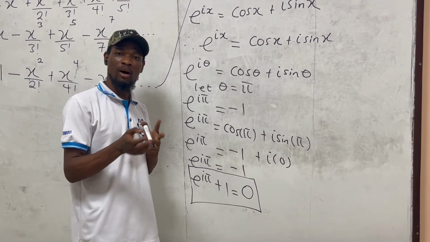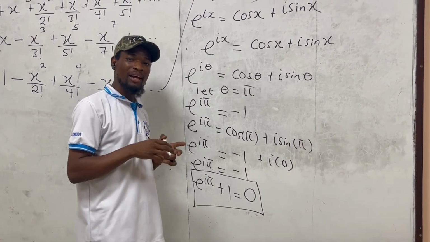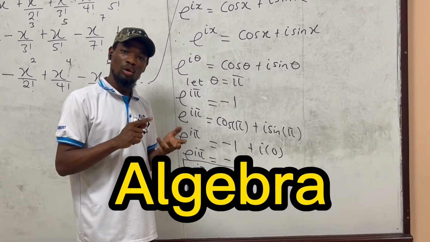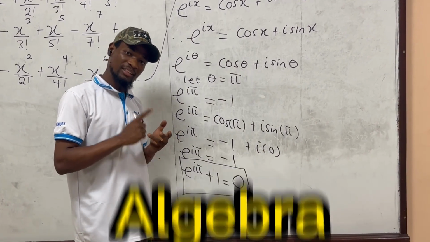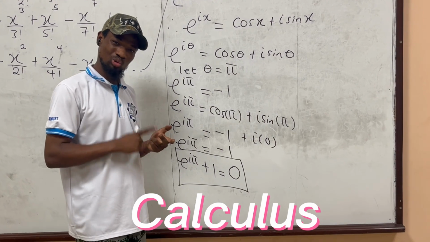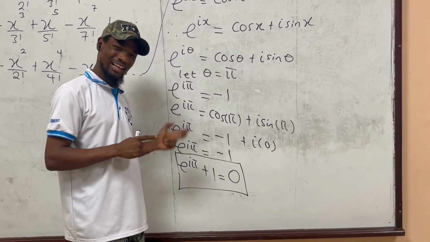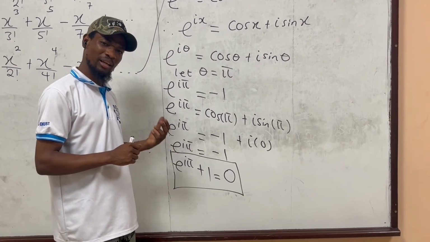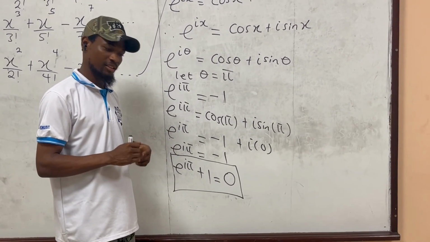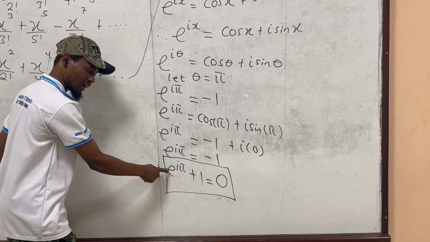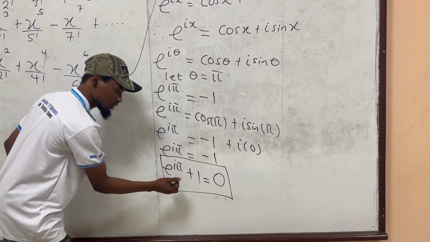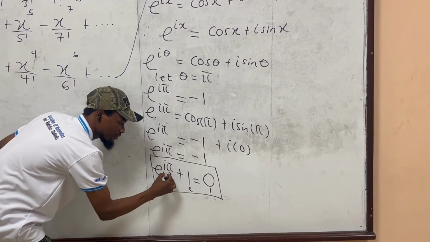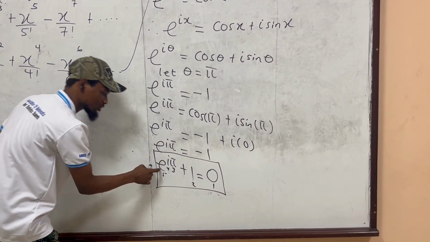And these mathematical constants play a key role in many courses, such as algebra, such as calculus, and geometry. So let's look out for the mathematical constants here. We can see what? e here. So let me label this 1, 2, 3, 4, and 5. Okay, so I have e here.